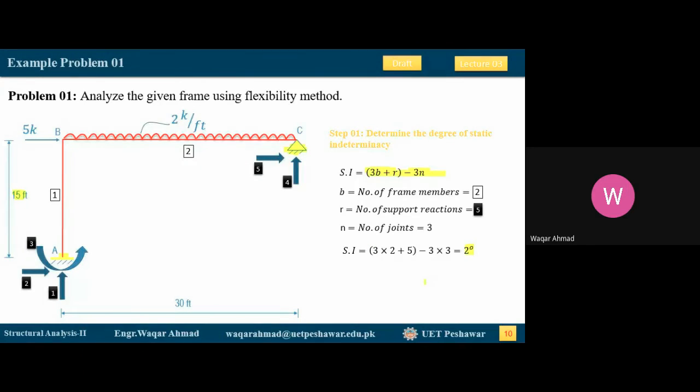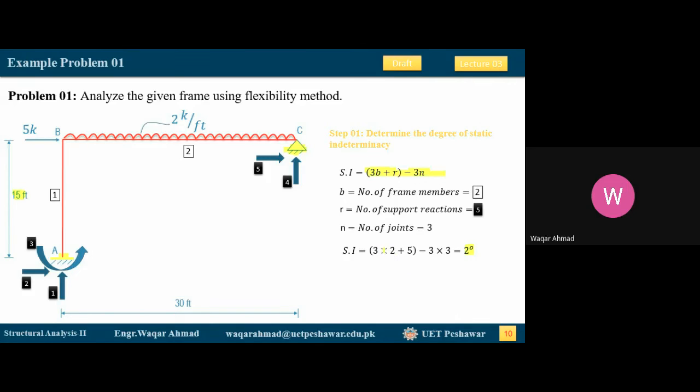It means that out of these several unknowns, there are two extra unknowns which we cannot determine by using the equilibrium equations.